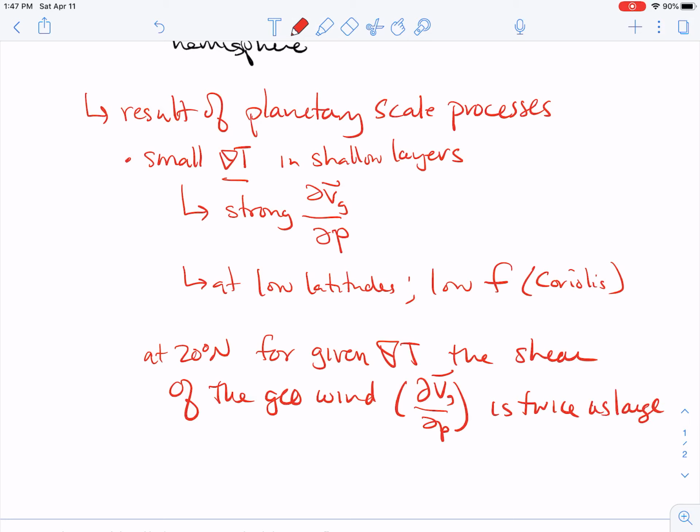And that is just owing to this low Coriolis parameter. And so our thermal wind balance is enhanced because of low values of Coriolis.